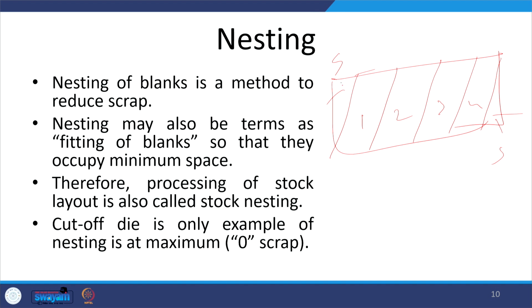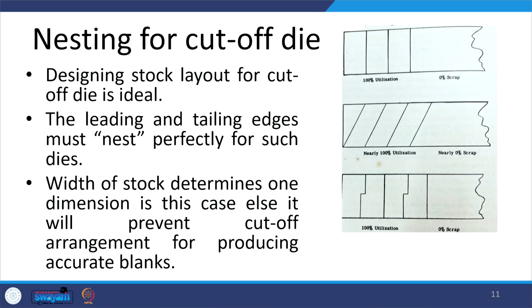So, this is the leading edge, and this will be the trailing edge. Theoretically, for rectangular and square shaped blanks, the cut off dies result in zero scrap, but for other products it may result in minimum scrap and maximum utilization.